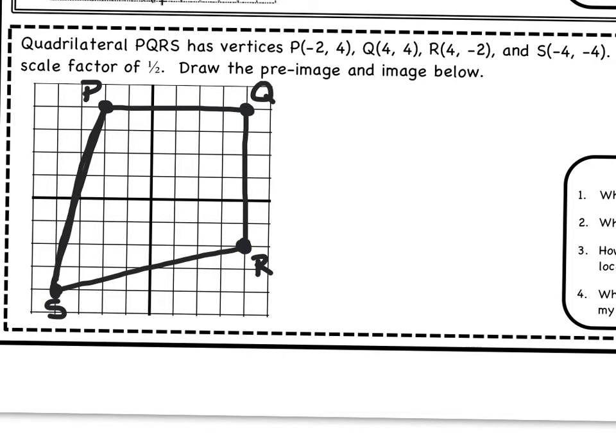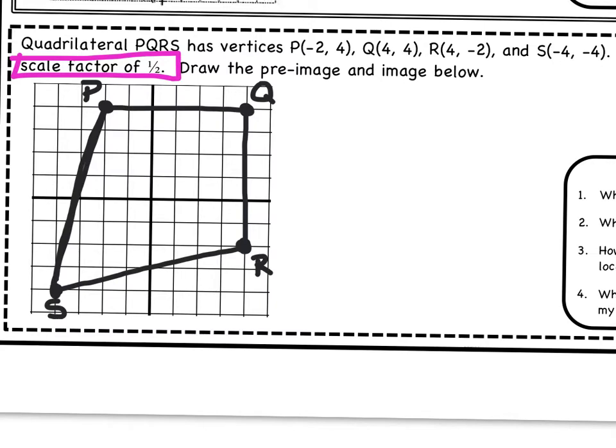Now, what I'm also told in this problem is that I want to dilate this figure with a scale factor of 1/2. And I know I've cut off part of the question there, so you can't see the dilate part, but you can see it on your paper. So we want to dilate this with a scale factor of 1/2.